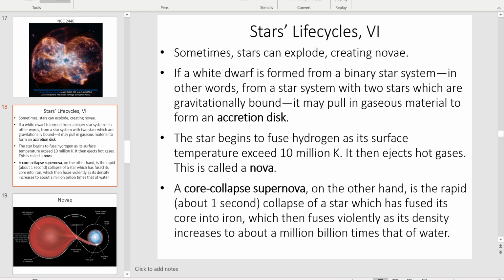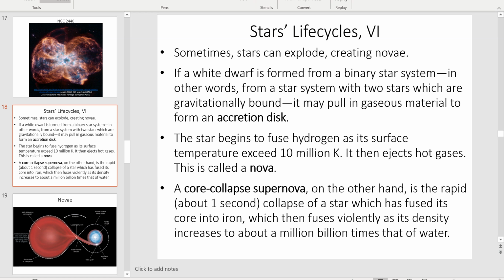In fact, there's actually different kinds of novae. In some cases, a star doesn't have to begin with a tremendous amount of mass, although those are the most prominent kinds of novae. But okay, we'll get to that. Let's talk about the least spectacular kind of nova, and then we'll get to the more spectacular kind.